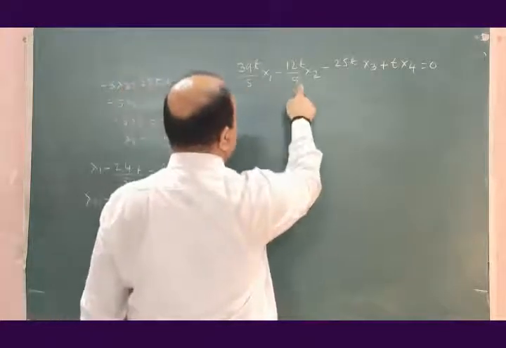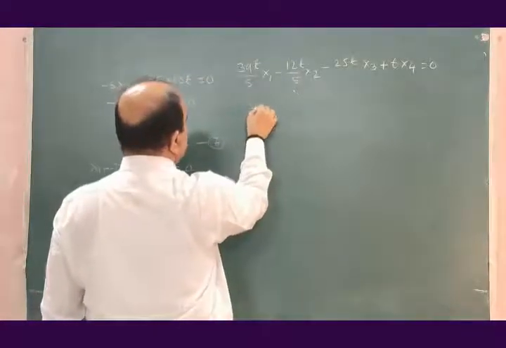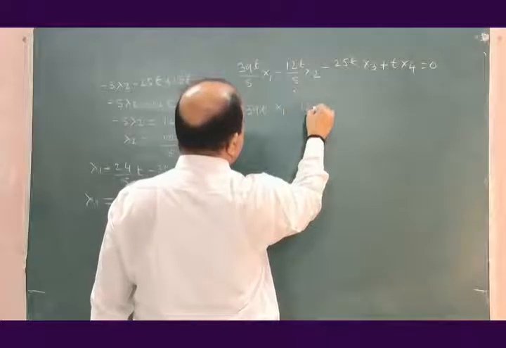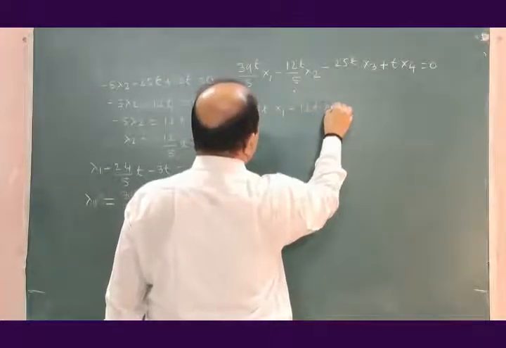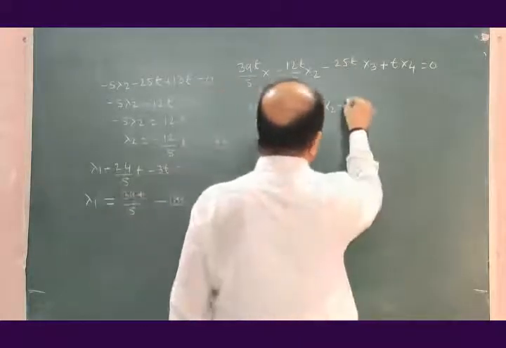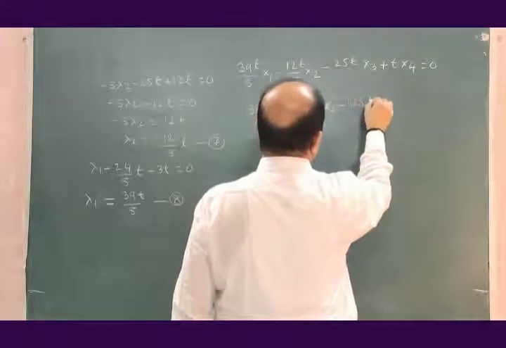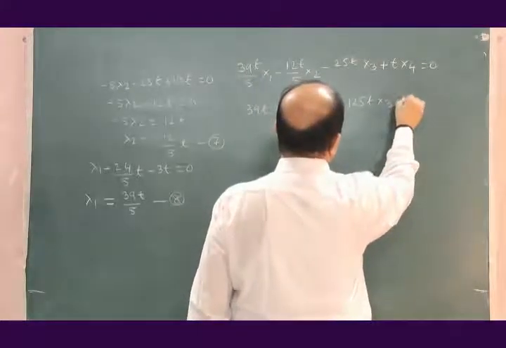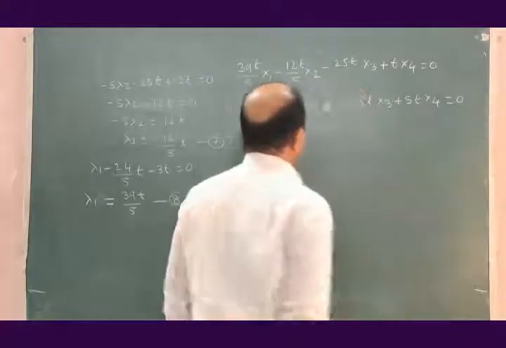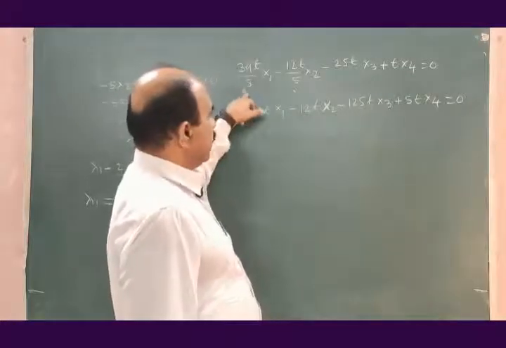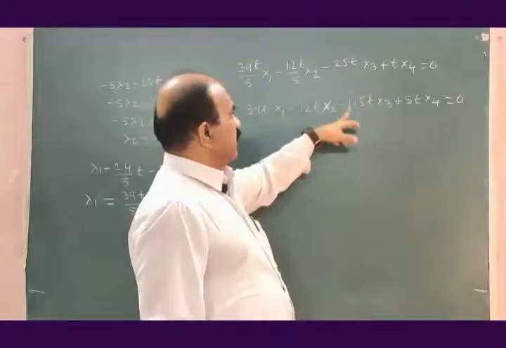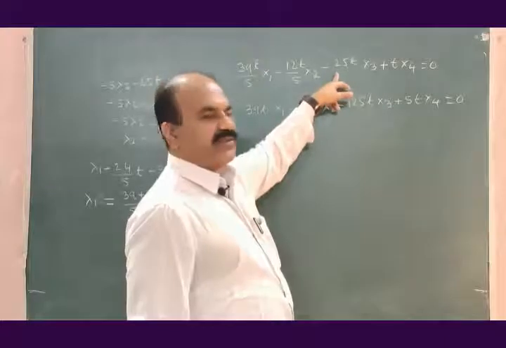Let us take this 5 common. So it will be 39t x1 minus 12t x2 minus 125t x3 plus 5t x4 is equal to 0. 5 is taken common from here, from here, and also from here. 125 divided by 5, that will be minus 25.